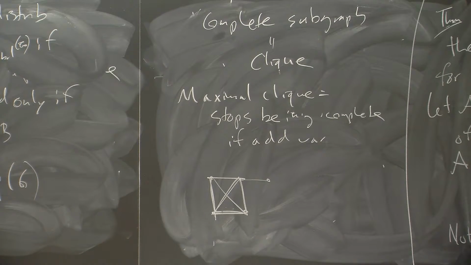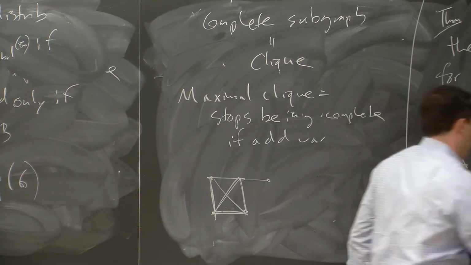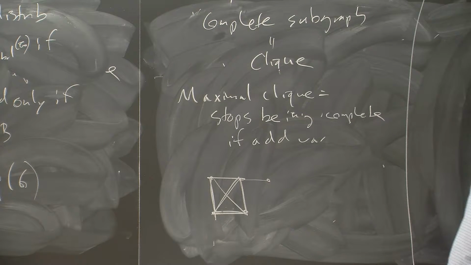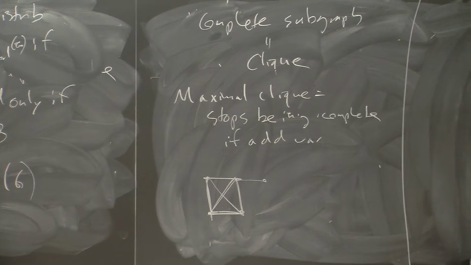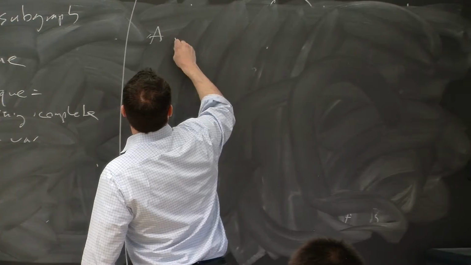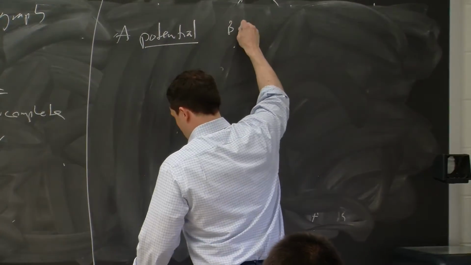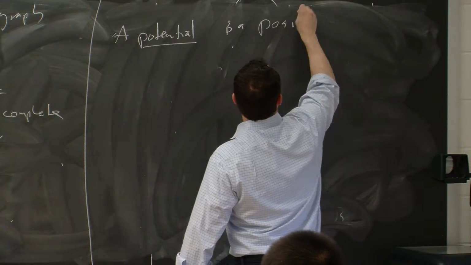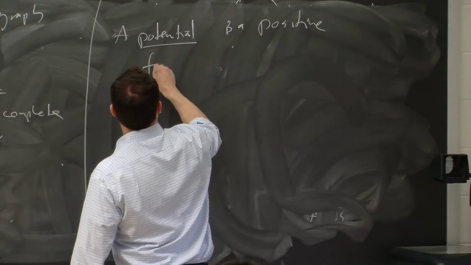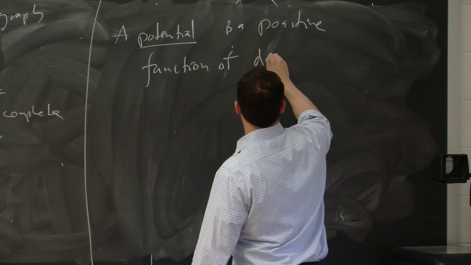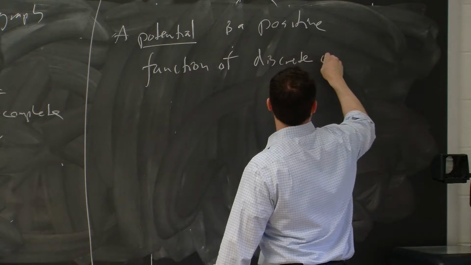Okay. So in a hierarchical model, the most important terms of the model correspond to the maximal cliques. Then we have additional terms for the sub-cliques. So a potential is a positive function of discrete outcomes of the variables.